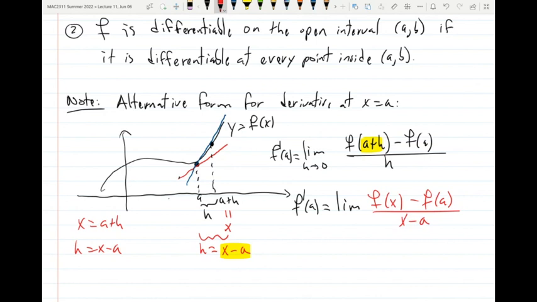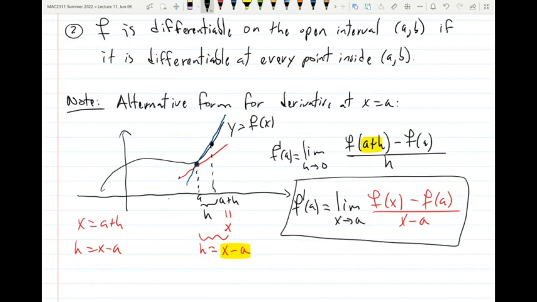And now, as you have seen the substitutions, if h approaches 0, then x approaches a, right? So remember, we're going towards this point. So h approaches 0 means this distance is very small. That means this x here is going towards a. If you do it from the right, this picture. If you do it from the left, is the alternative picture, okay? And this right here is nicer for computations than what you see above.